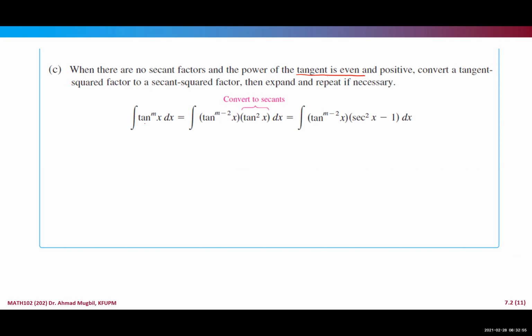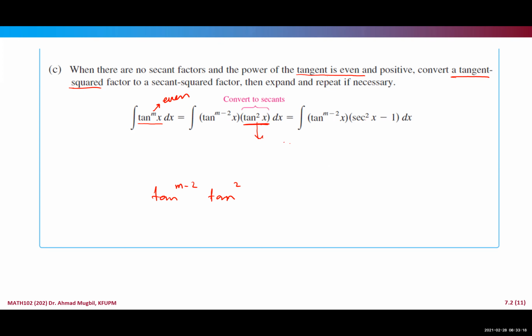So we have tan to the power m, where m is even. We will write it as tan to the power m minus 2 times tan squared. So we saved the factor of tangent squared. Now this one, I will write as secant squared minus 1.